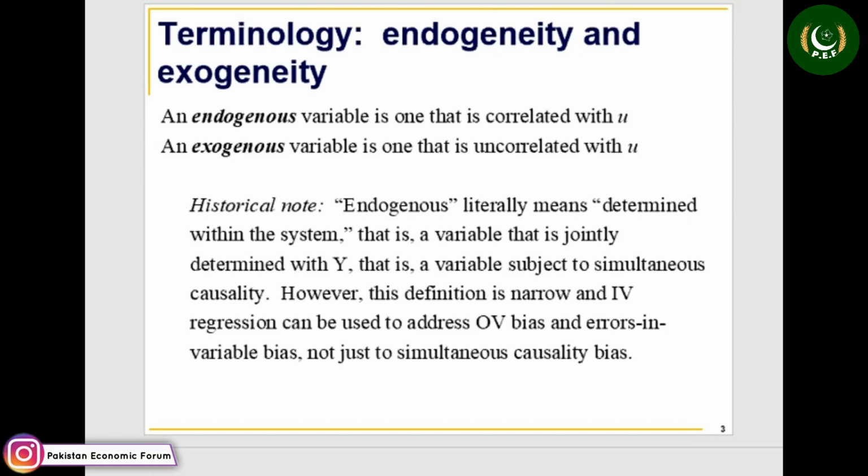A very simple definition: a variable X correlated with U is endogenous, and a variable X uncorrelated with U is exogenous. For a more comprehensive understanding of endogeneity and exogeneity, read chapter 5 of Dynamic Econometrics by David Hendry.